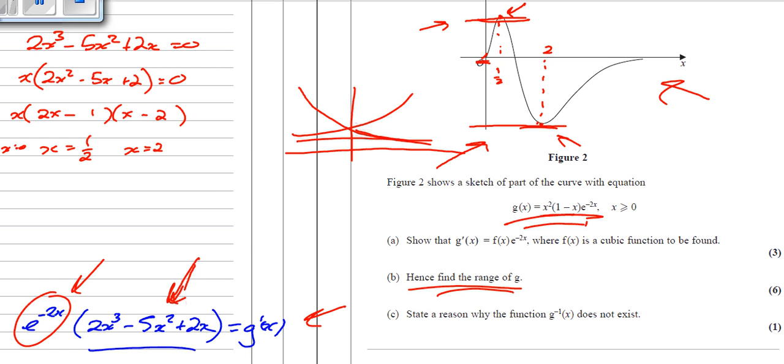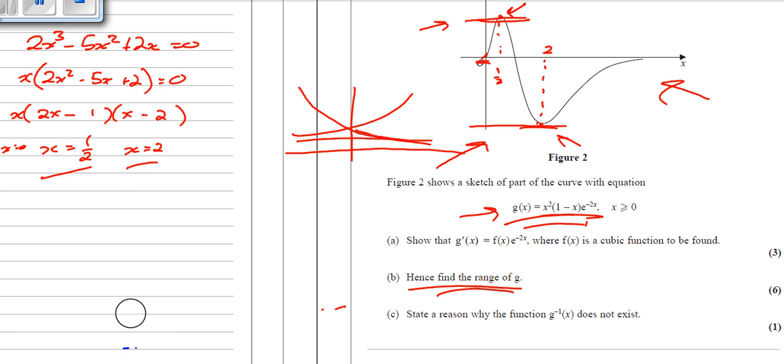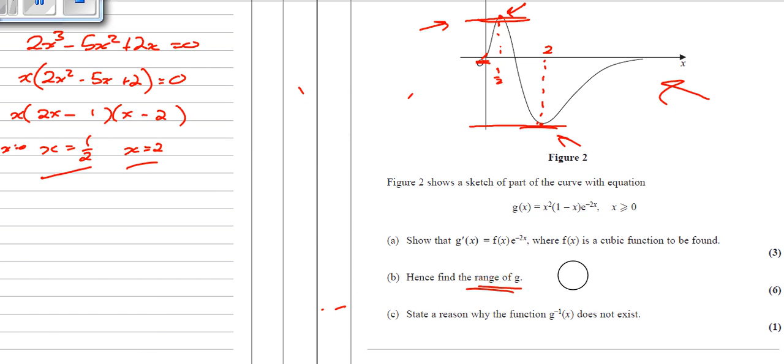The range is the values of y. So how do we work out the y values when the x values are these? We simply substitute them into here. So let's go ahead and do that. We can do g of 1/2.